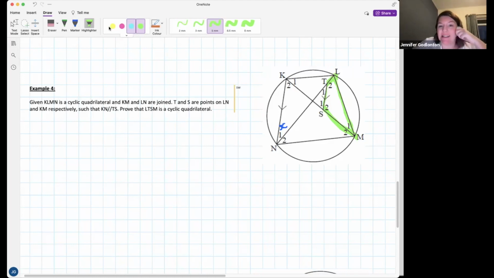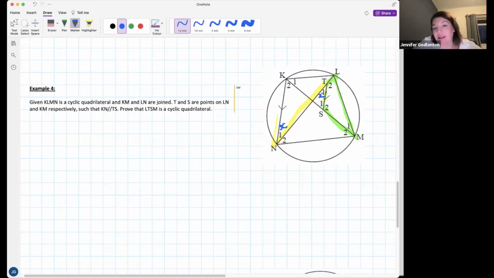Have a look for where that Z would be. Do you see it? Ah, there we go. T1. Okay. So because of our alternate angle, T1 would also be equal to X.